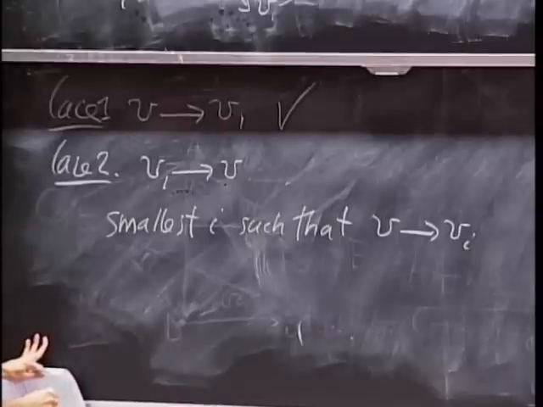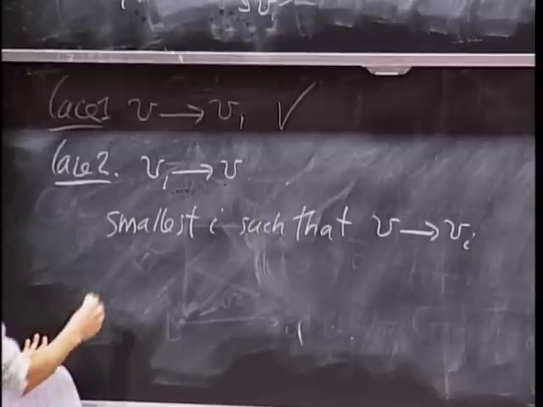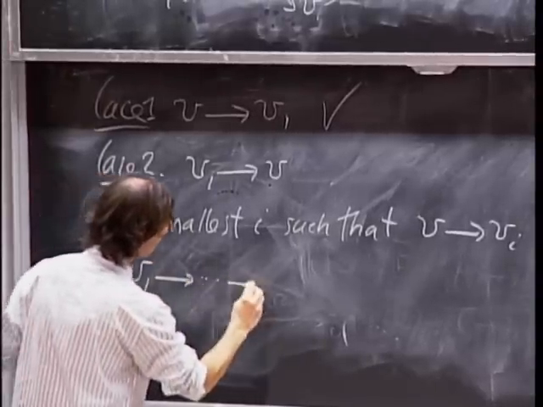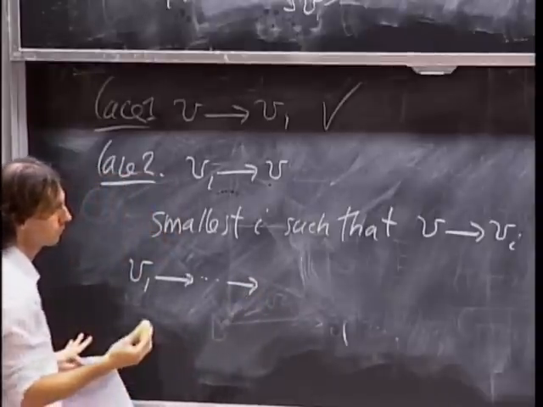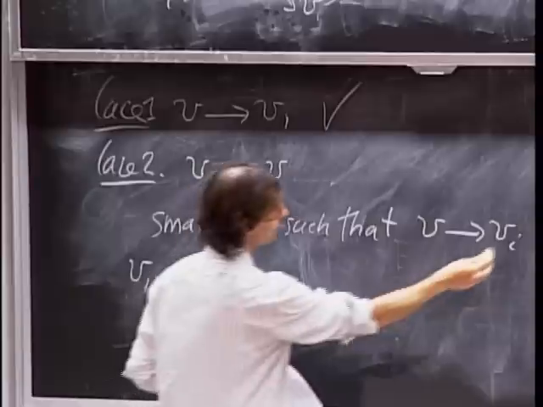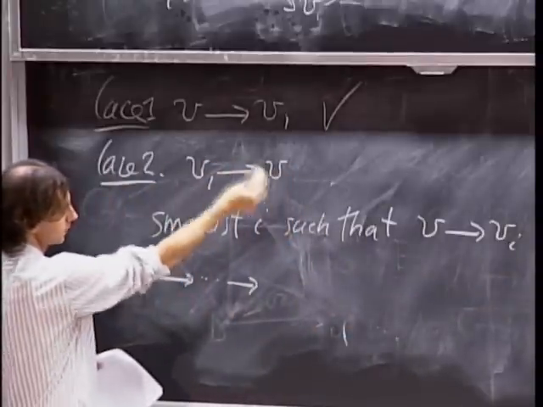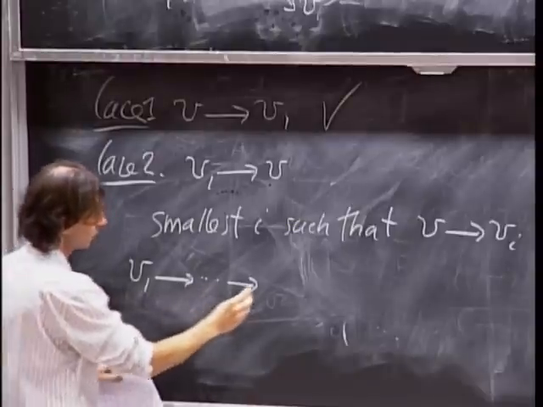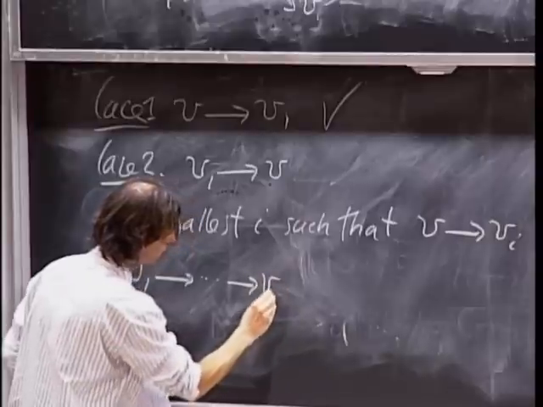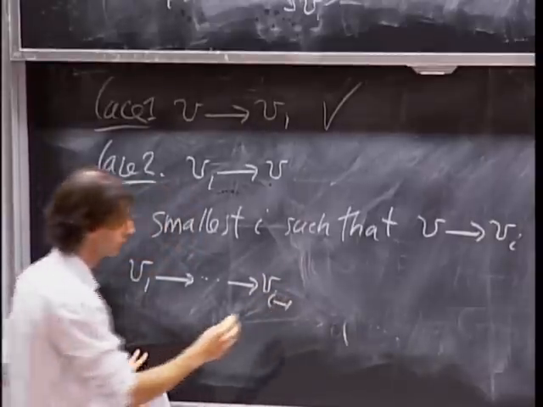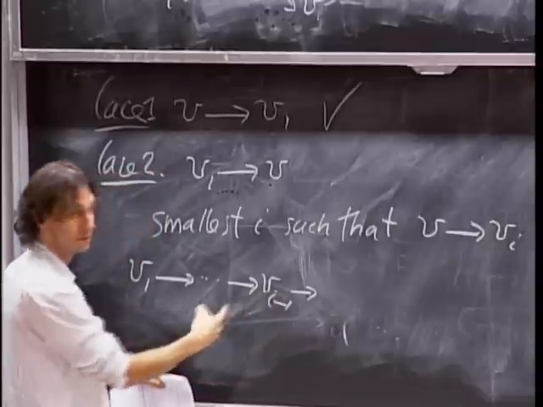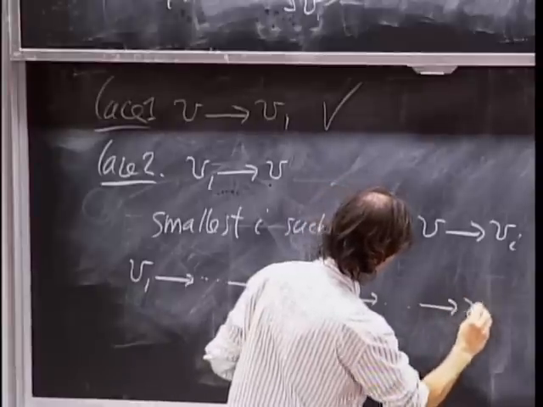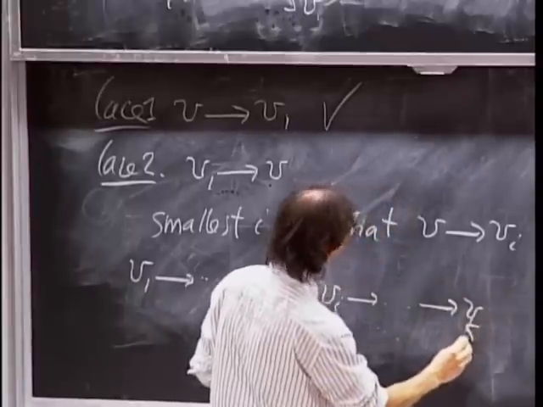So we have V1, and first of all, we notice that i cannot equal 1, so we know that i is larger than 1, so there's really a Vi minus 1. We have to check that this index is not equal to 0. It goes to Vi and then all the way up to Vk or Vn.